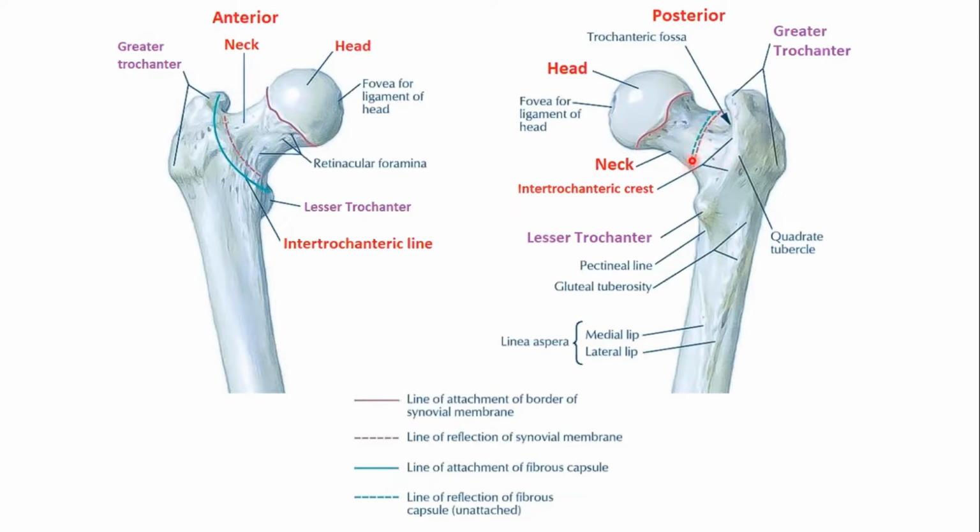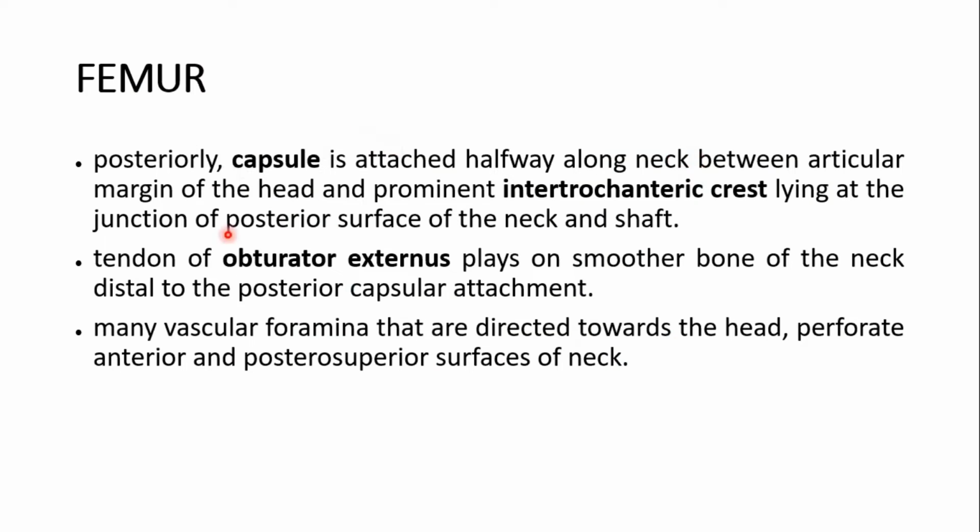This is the attachment. You see the laser. This is the attachment of the fibrous capsule posteriorly. The tendon of the obturator externus plays on the smooth bone of the neck distal to the posterior capsular attachment. Many vascular foramina that are directed downwards perforate the anterior and posterior surfaces of the neck.